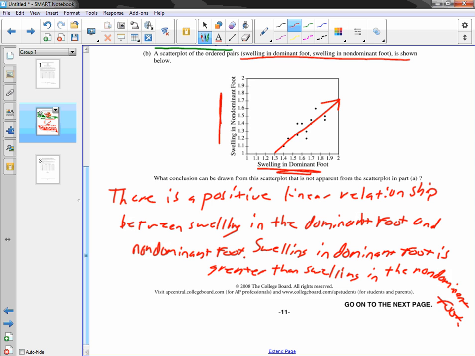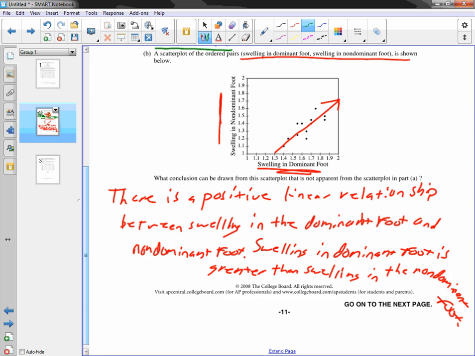Okay, so that's what they were looking for there. And again, you can see that on this one, but you couldn't see it on the other one because the previous one was just broken into left foot and right foot. So there's no way to tell the difference in the swelling in the dominant foot and the non-dominant foot. So that's the two things that they were looking for there.